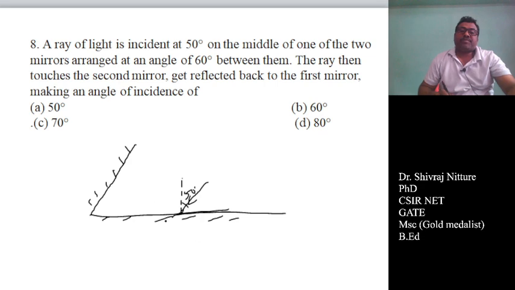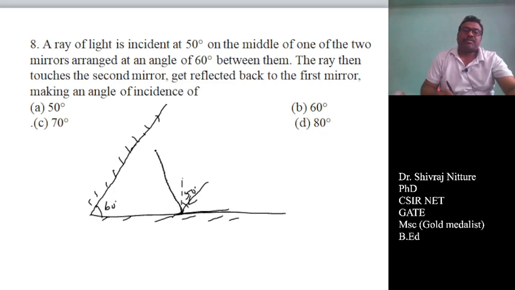After reflection, the angle between the two mirrors is 60 degree. So after reflection from this mirror, this ray will go straight like this. It falls here. Again it reflects from here to the surface, and again it reflects here.